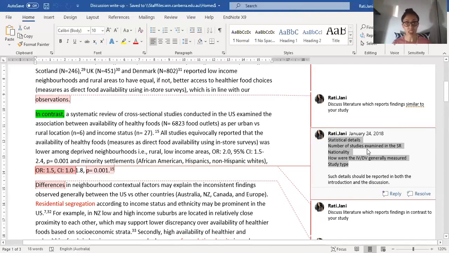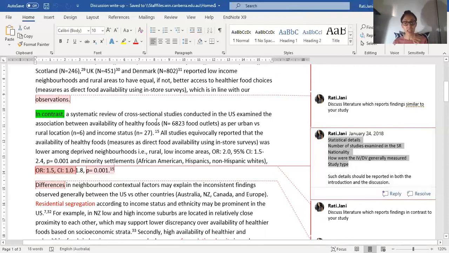So for instance, when you're quoting other people's study, you need to give the study details: what is the sample size of that study, what is the age group, the nationality. Then roughly what is their IV and DV. Don't just say that the IV in their study was that and the DV was this, no. But when you write a statement, I should be able to understand what that study was trying to measure. So I can see whether you're comparing the same sort of variables or whether you're doing something completely wrong. Okay. So does that make sense, guys?